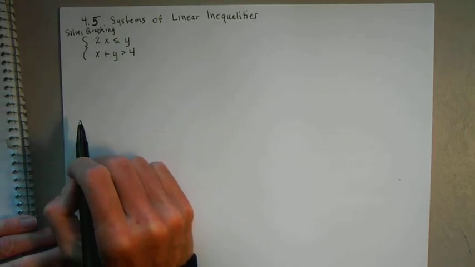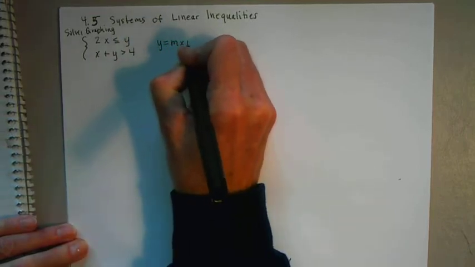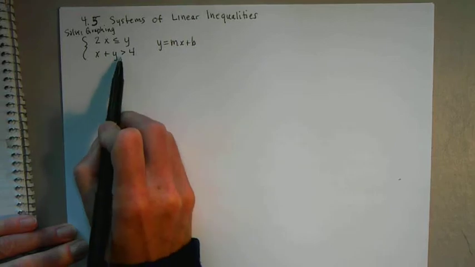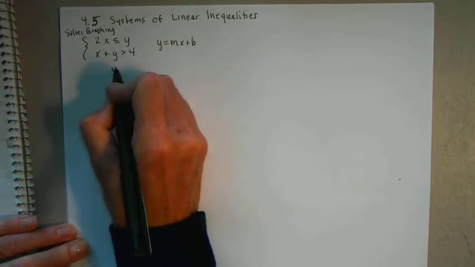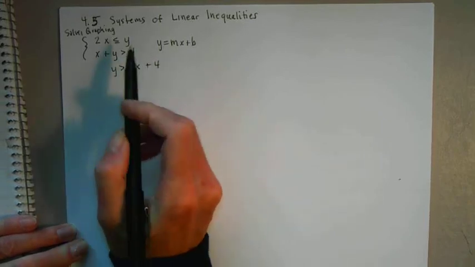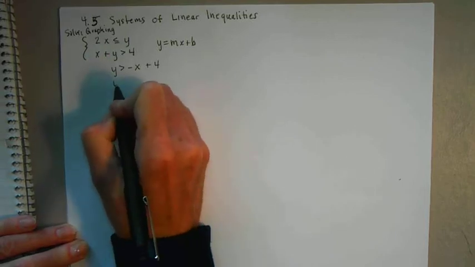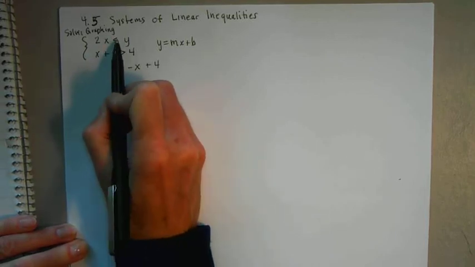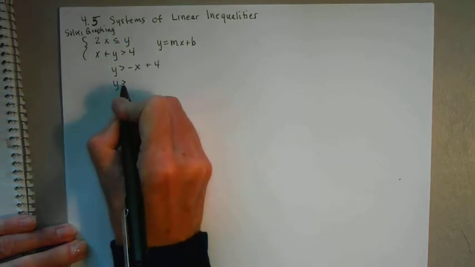So to graph, I like it in y equals mx plus b form, and we can do that even though it's an inequality. So I will just subtract x from both sides in this second equation. And in my first equation, I've already got y alone, so I'll just write it down here by this one. Now notice that the arrow is open to the y, so I'm going to keep the arrow open to the y.